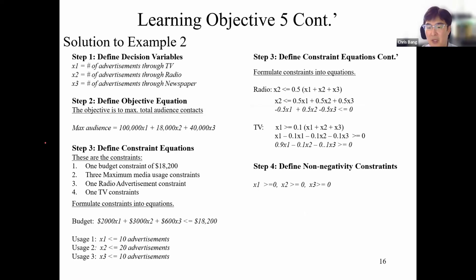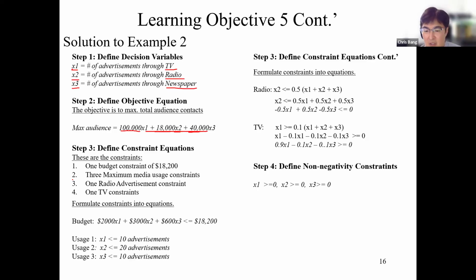So we begin with the LP problem. We define x1, x2, and x3 as the number of ads for TV, radio, and newspaper, respectively. The objective is to maximize audience contact. So the objective function is 100,000 x1 + 18,000 x2 + 40,000 x3.